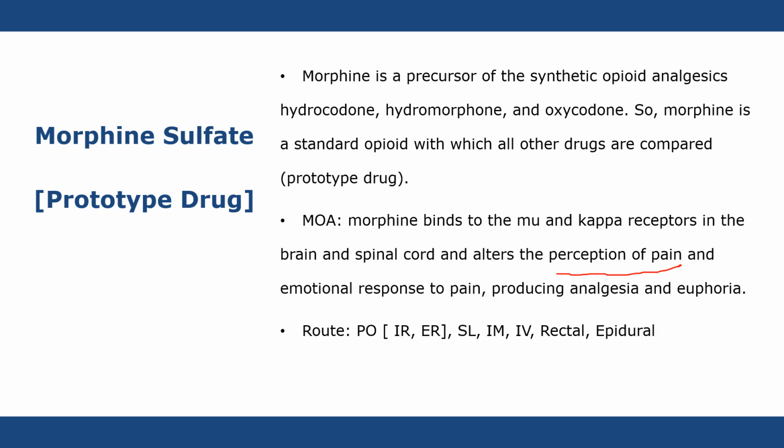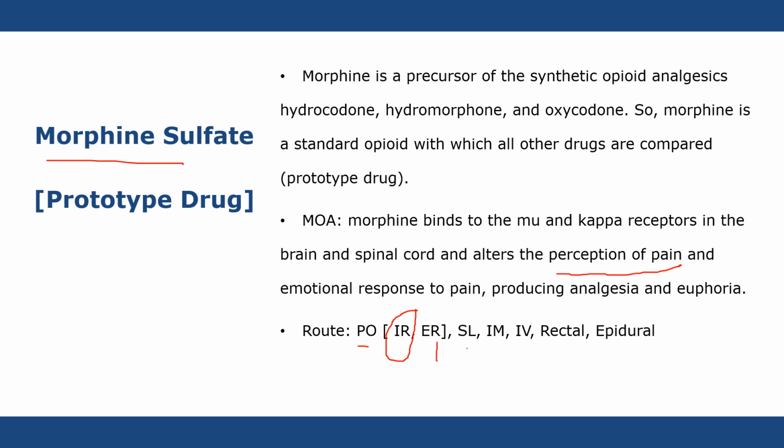And the beauty about morphine sulfate is it also comes in different forms, different routes, if you will. We can give it PO, either immediate release or extended release. If it's IR, we can give it as a PRN if you need the medication right now, it will kick in, or extended release for something to manage maybe chronic pain, that way it stays in the system for a longer duration.